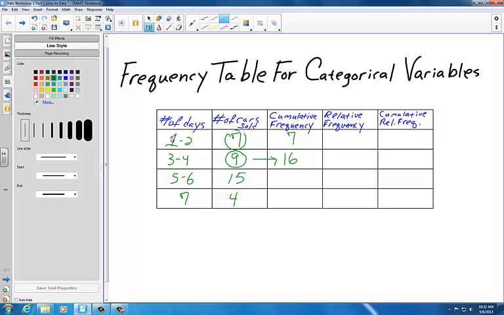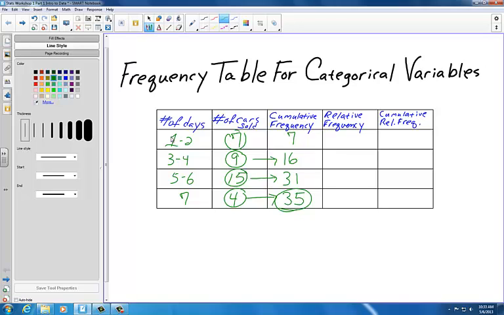For the next cell down, I write 31. That's 7 plus 9 plus 15 gives me 31. And finally at the bottom, 35. 7 plus 9 plus 15 plus 4 gives me 35. And so the cumulative frequency, if I fill it in correctly, at the end I should have the total number of cars sold for the week.